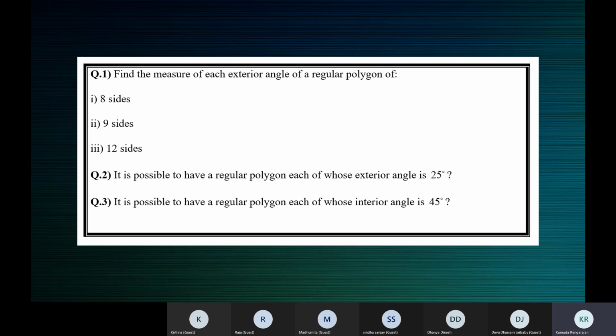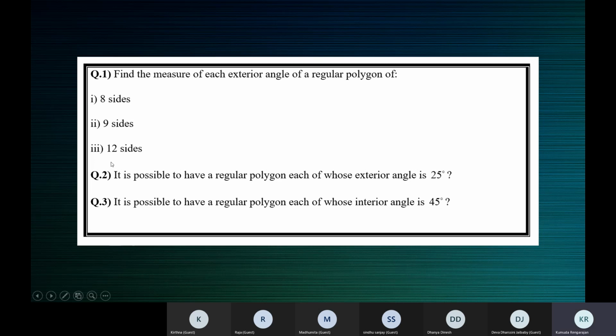What will be the measure of each interior angle of this polygon? No, you don't have to work. You can just do some mind work. Ma'am, you're asking the formula, ma'am. No, I want the answer. What will be the measure of each interior angle?